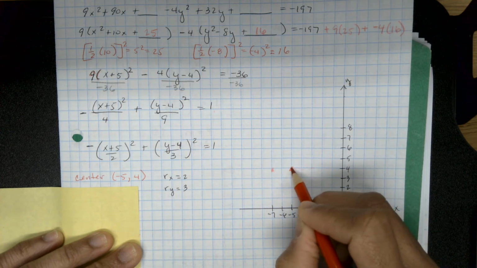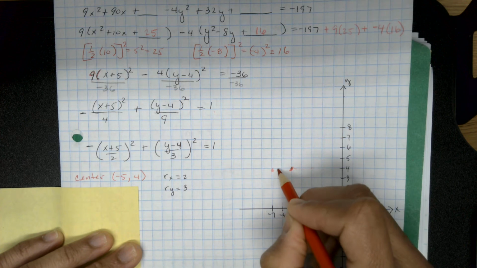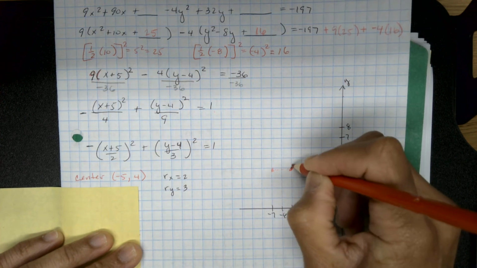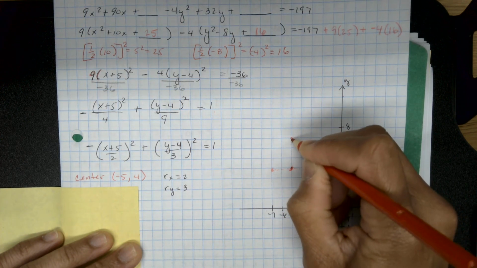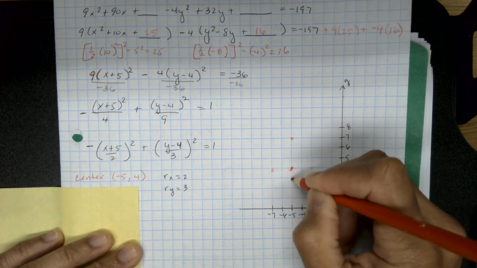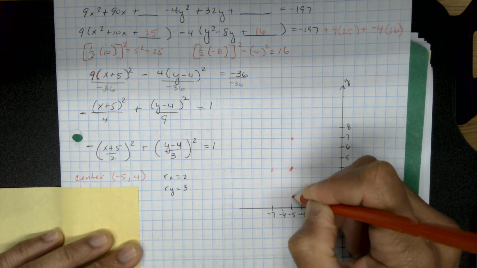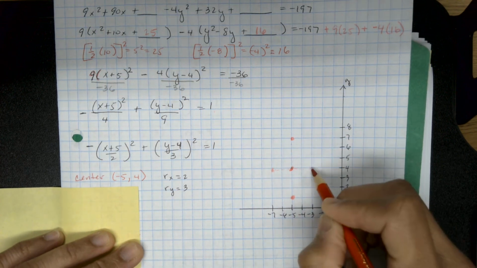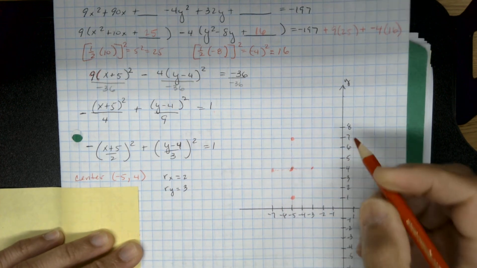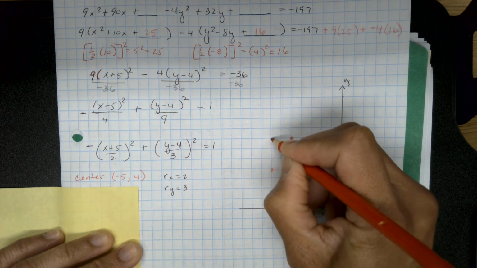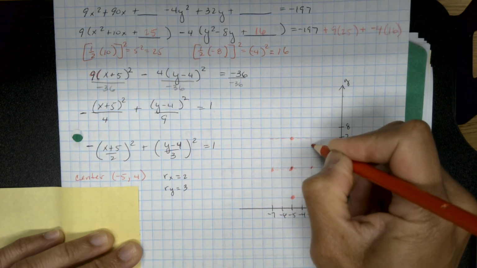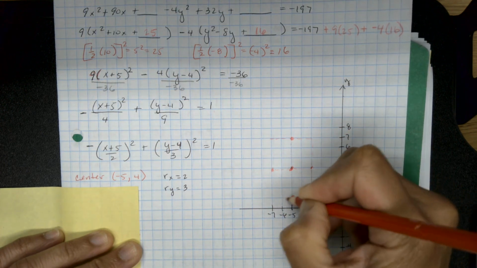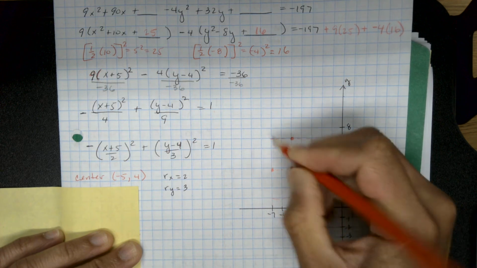So radius of x is 2 units, radius of y is 3 units. 1, 2, 3. 1, 2, 3. So now we have to create our central rectangle. It's just making a rectangle.